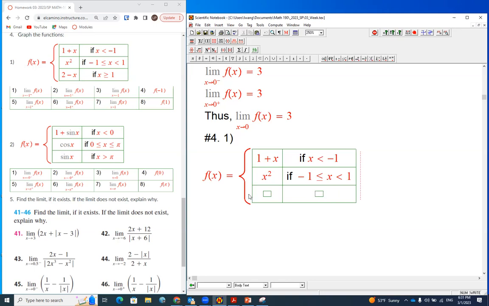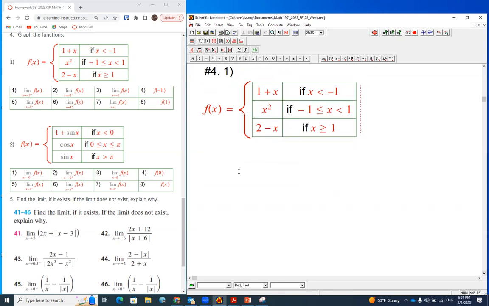And the other one is 2 minus x, if x is larger than or equal to 1. Okay, so this is 3 pieces.